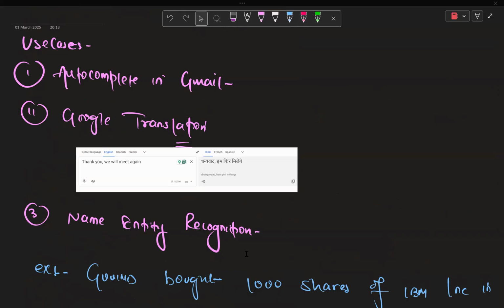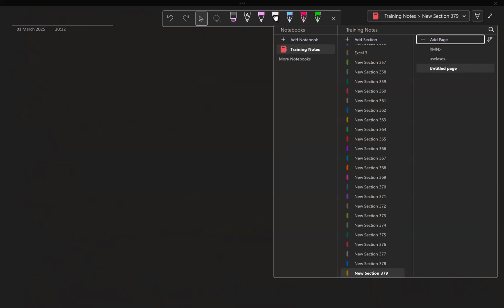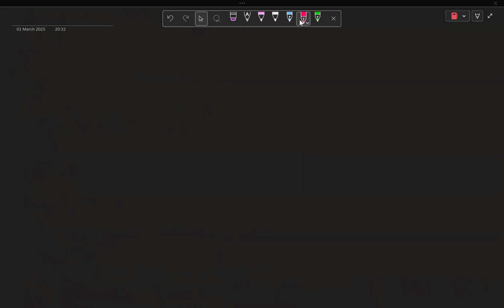Now I'll just give a quick idea of what the structure of an RNN is, and then we'll talk about what problems we have with it. Structure of RNN.